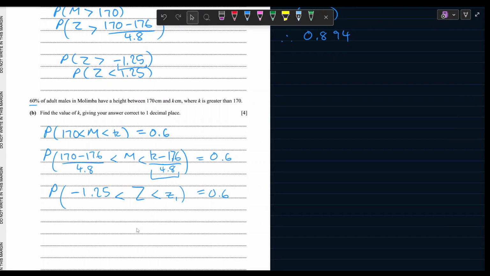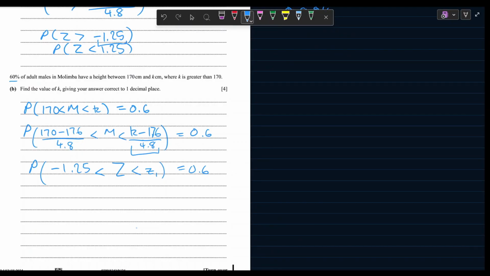So looking at a diagram or drawing our bell curve, we are looking at something like this. We've got 0 here, and then we've got negative 1.25. So negative 1.25 would be somewhere here. And then the area in between negative 1.25 and Z1 has to be 60%.